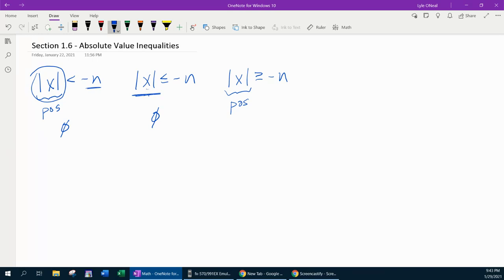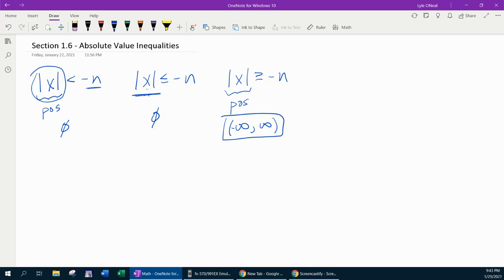Always. Even if it's zero, zero is greater than or equal to a negative number always. And so this would be a case where there's no work to show. The answer is going to be all real numbers, infinite solutions. And we're going to express that in interval notation, minus infinity to infinity.